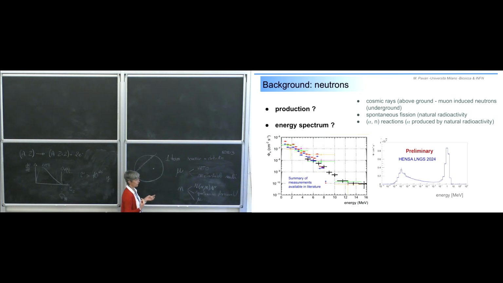Since neutron interaction is very special, quite different from the interaction of all the other particles, it's also very difficult to measure the neutron flux. Here I have summarized the measurements, not all of them, that are available at Gran Sasso.